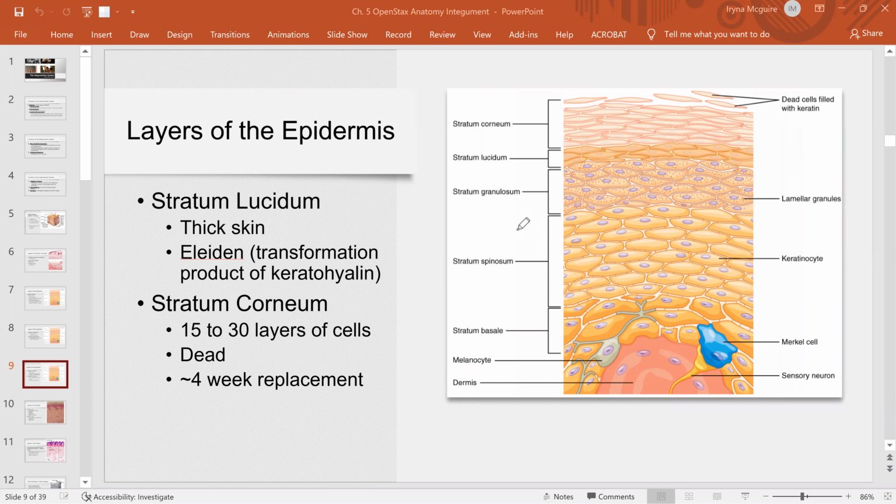Okay. So here, stratum lucidum is a pretty thin layer. It has eleidin, which is a transformation product of keratohyalin. So those cells, starting with stratum granulosum all the way up, are now dead cells.